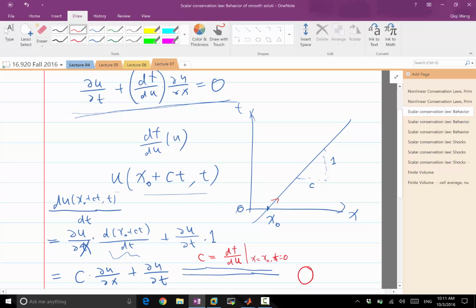So that means I can go along that straight line and expect my solution to hold constant, not changing at all. All right, does it make sense?